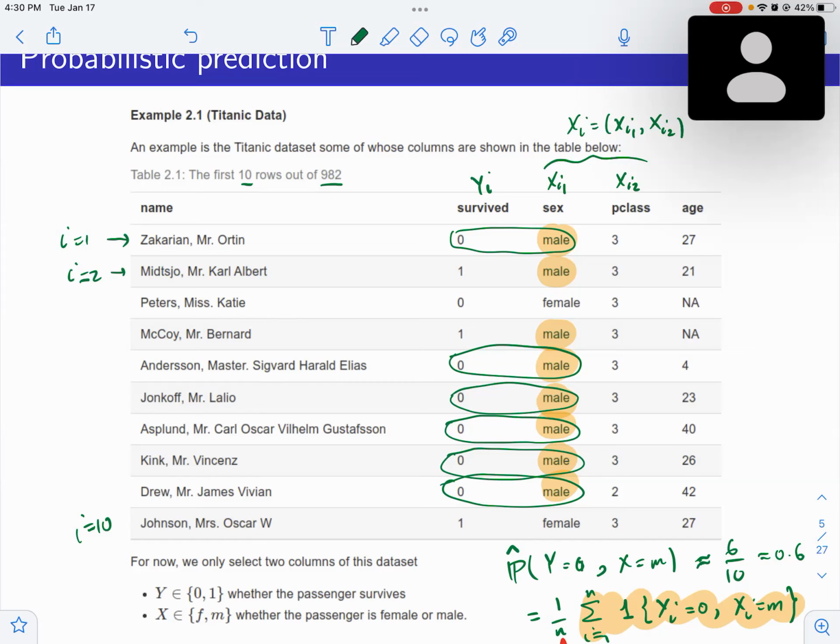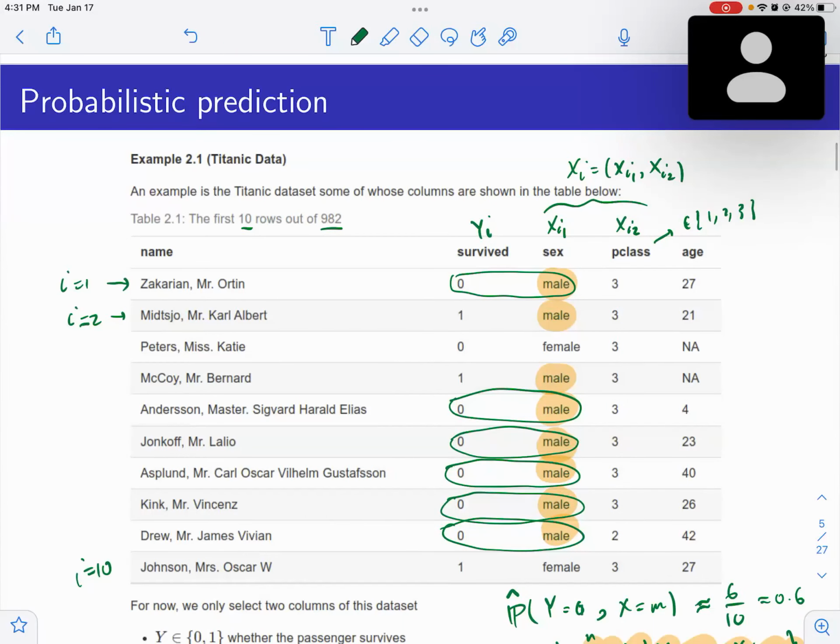The first one takes two possible values. The second one takes three; this belongs to 1, 2, 3. This is like the passenger class. So this vector variable takes 2 times 3, which is 6 values or levels.